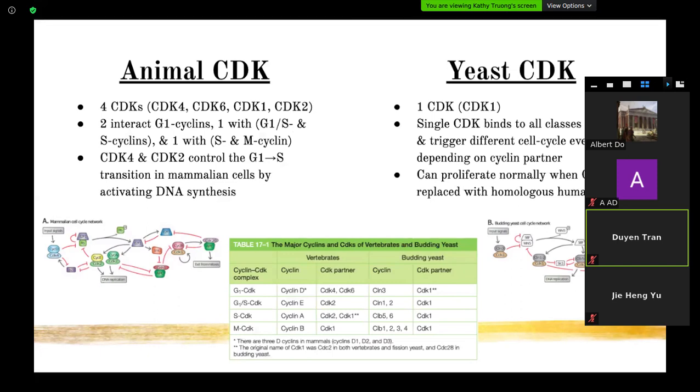Okay, so with the animal CDKs, we're larger organisms, so we're going to have a little bit more stuff, we're a little extra. In yeast, they're just single-celled organisms, so they're going to have one CDK. And you're asking how that one CDK is able to bind to all classes, correct? Yeah.